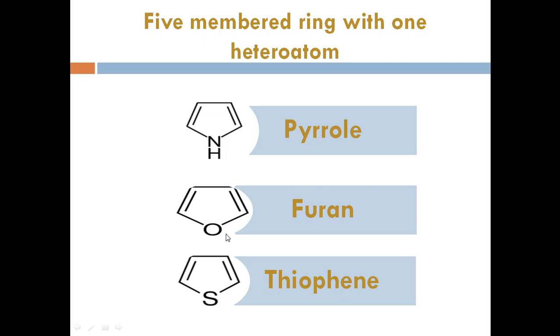Here on oxygen, 2 lone pairs of electrons are present, but only 1 lone pair of the oxygen atom is involved in the resonance, and this lone pair is in delocalized form with these 4 pi electrons, right? So total 6 electrons are in delocalized form. Similarly in thiophene, on the sulfur also 2 lone pairs of electrons, but only 1 lone pair of the sulfur is involved in the resonance with these 4 pi electrons, right? They show that these are all aromatic in nature.